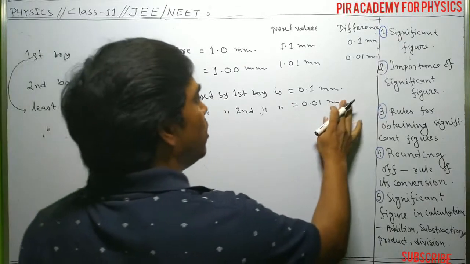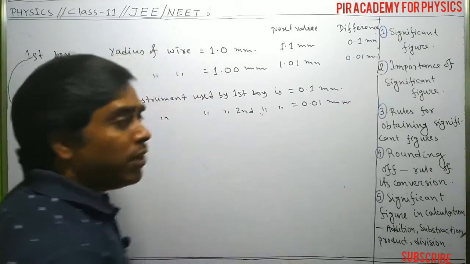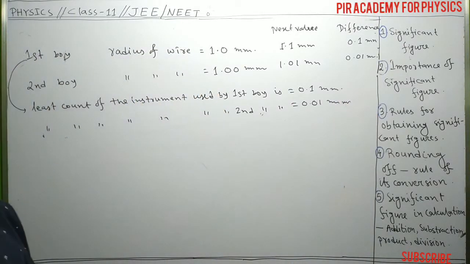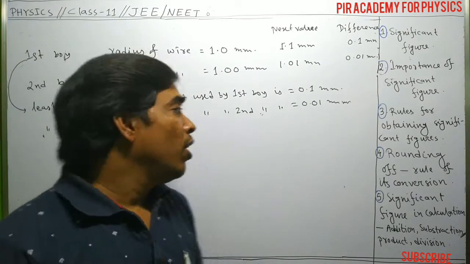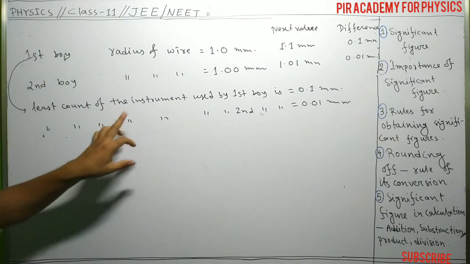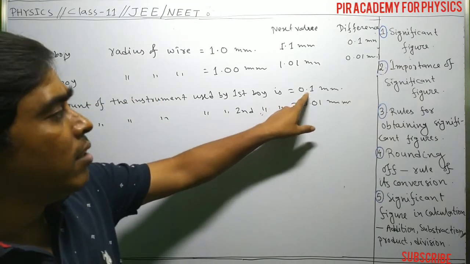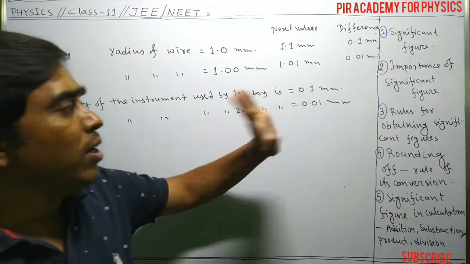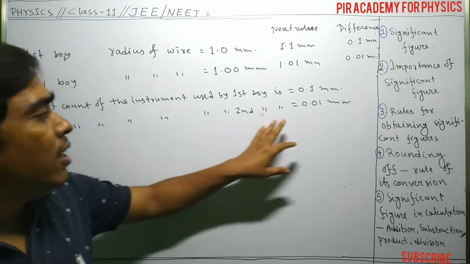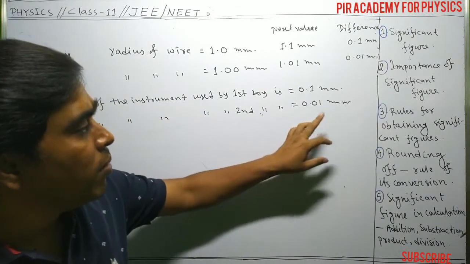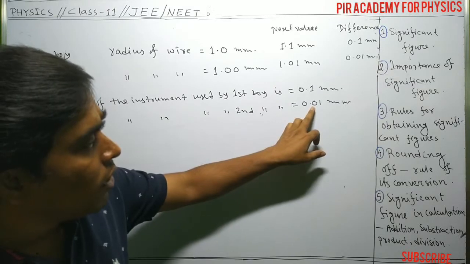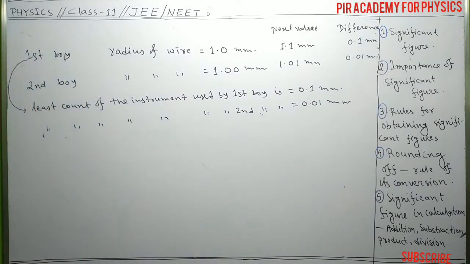What is the least count? The least count is the minimum length measured by the instrument. This instrument can measure a minimum length of 0.1 millimeter, and the second instrument can measure a minimum length of 0.01 millimeter.